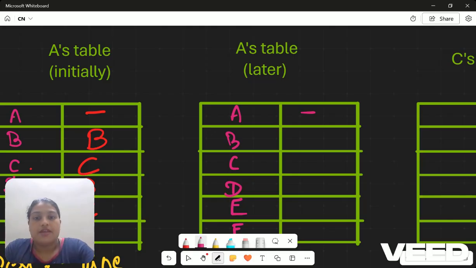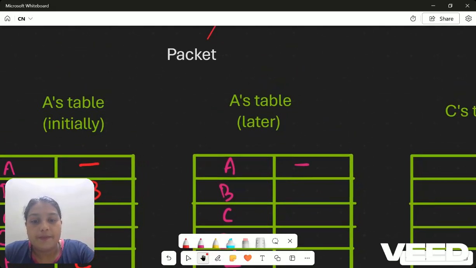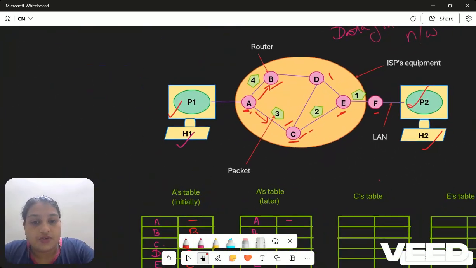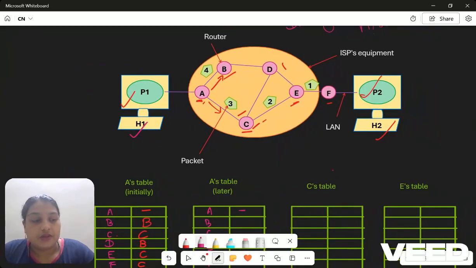Fine. Then we can go and search for B. Okay, I'll make it a little bit small. Okay, look over here for B. Now B, I can reach B through B only. See, A to B is B only.